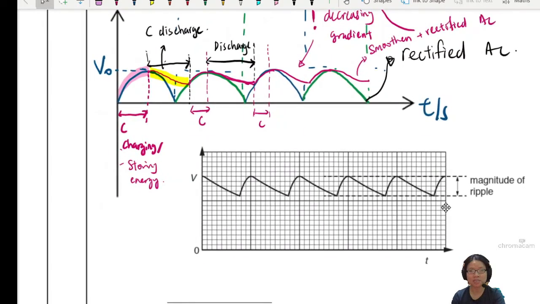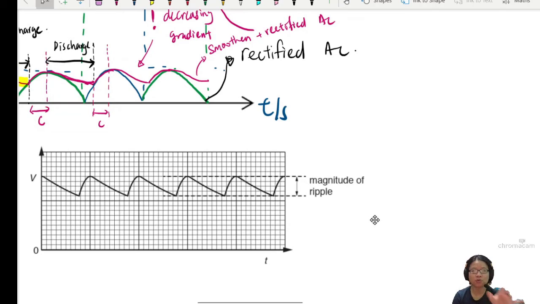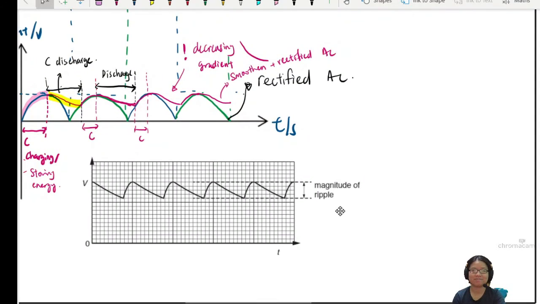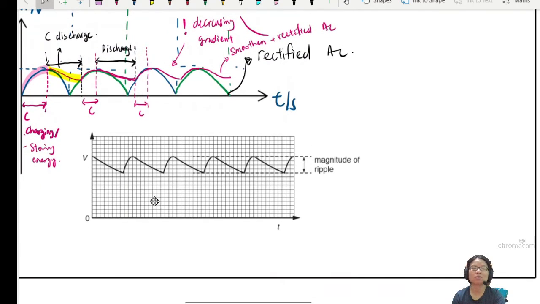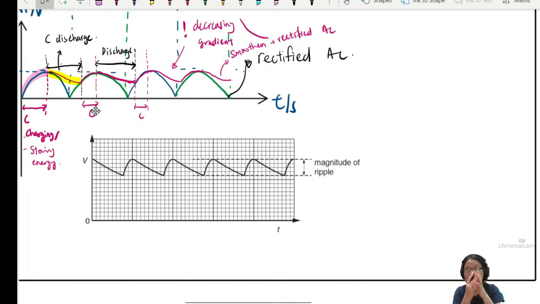Alright, so what's the advantages of full wave rectification? You get a larger mean current because now you have the beauty of the whole wave and it's more efficient, basically. So I will just put a note here.